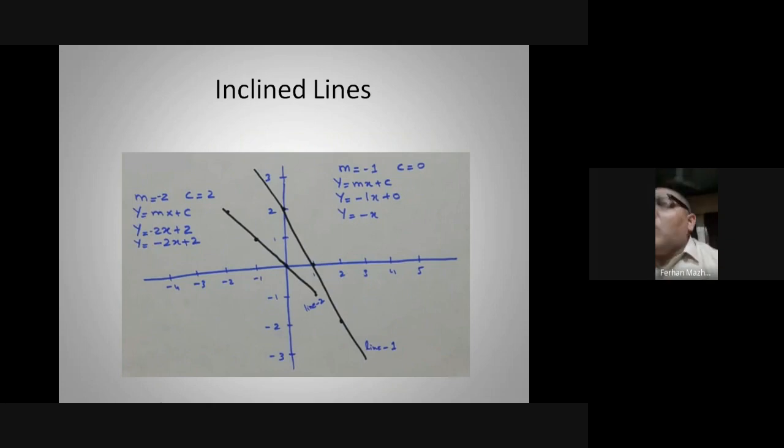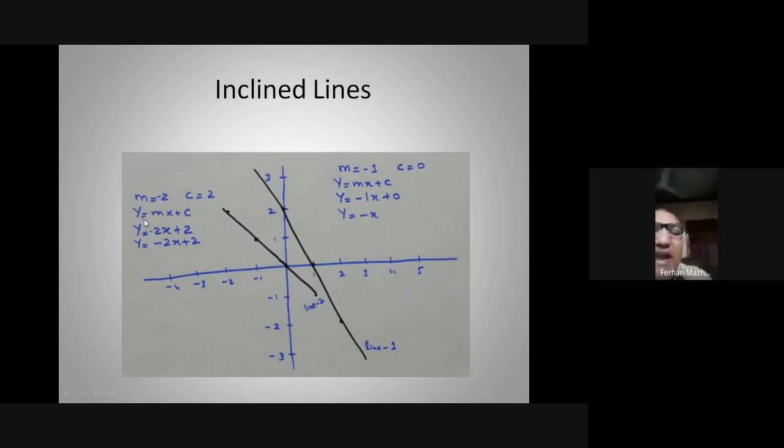Okay. So here we go. I know the gradient of these lines already, and I know the y-intercept. For example, the line number 1, this line. Its y-intercept is 2. So it means the c value is 2, and the gradient is minus 2. So very easily I can find out the equation.